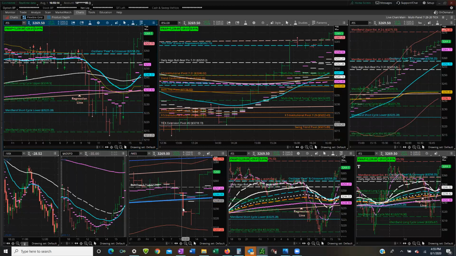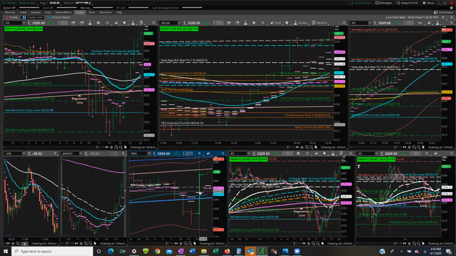And so notice, this is what I was talking about with goalposts, by the way. You only have a couple of these bars during each day session, but notice what happened when it lost the intermediate pivot, which at the time was synced up right with the daily bull bear pivot. Yeah, that sharp move down.